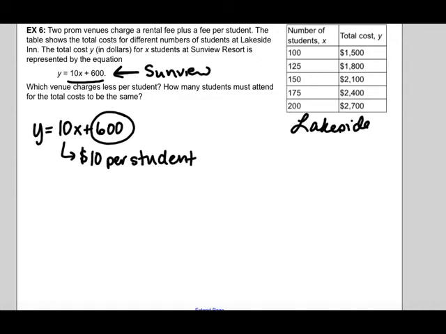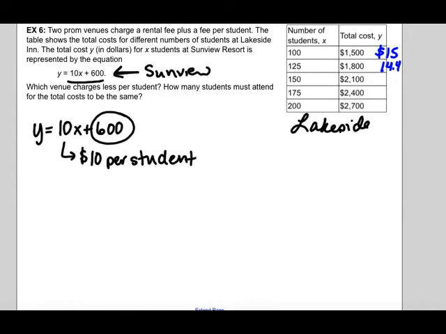Okay? This one over here, well, we have no idea. They don't charge a flat fee. They just charge by the number of people. So if I take 1,500 divided by 100, I get $15. If I take 1,800 divided by 125, I get 14.4.